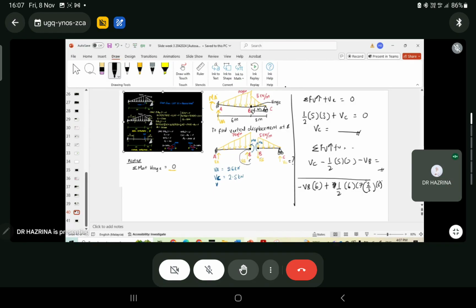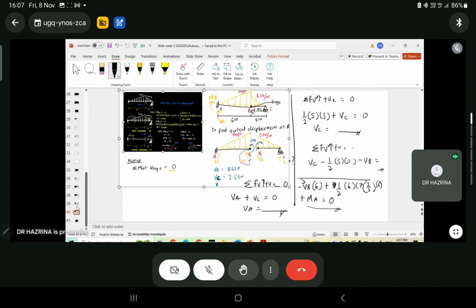And then do you have anything? You have MA. Ikut jam plus MA equals to 0. So VB you dah dapat kat sini, masukkan VB. So then you akan dapat what is the value of MA. So finally, you can calculate summation of forces vertical, positive equals to 0. And then VA plus VC equals to 0. VA sama dengan berapa. So dia ada macam tu lah caranya.